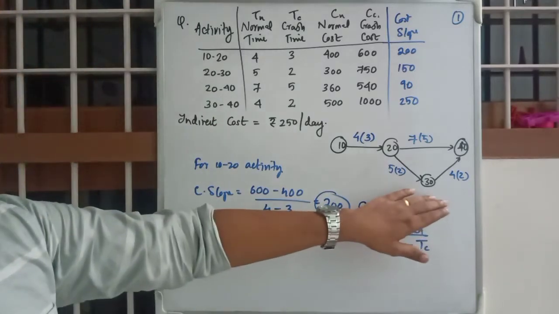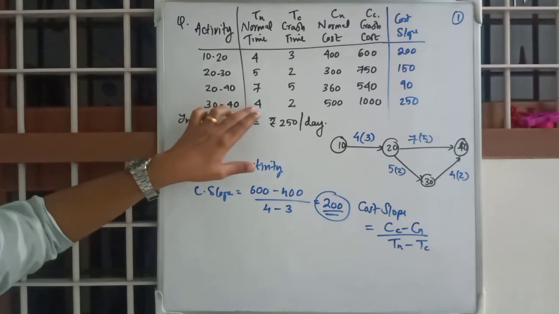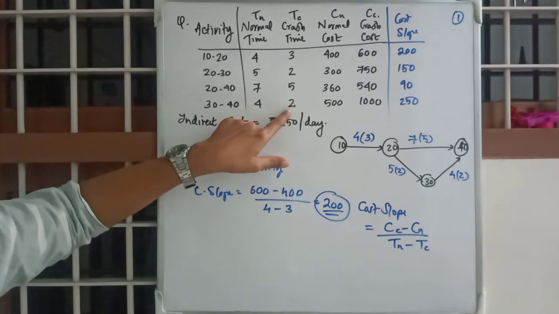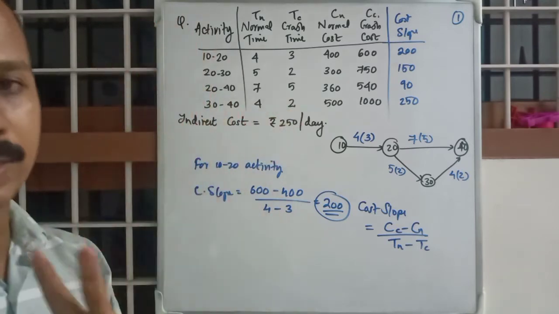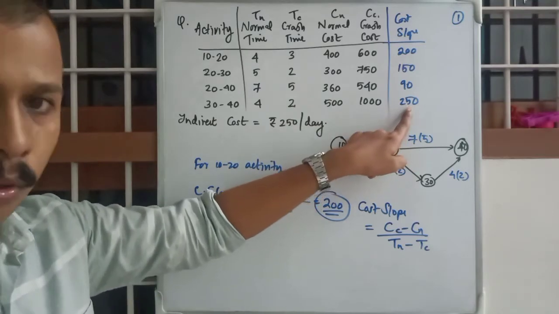So if you take the 30-40 activity, you can reduce this 4-day duration activity into 2-day duration. You can take out 2 days. For each day you will have to pay 250 rupees more.